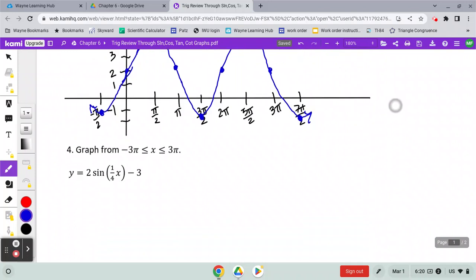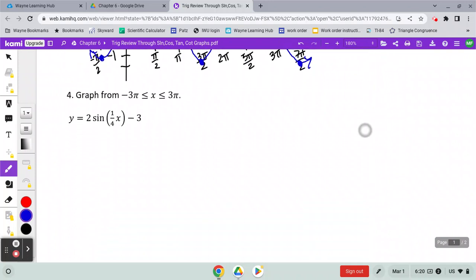Now our next one. Once again, we are going to analyze it. So let's start with our amplitude. Okay. So my amplitude is 2. My period in this case will be a little different. It's 2 pi divided by 1/4. Now dividing by 1/4, that's the same as 2 pi times the reciprocal, which is 4 over 1.